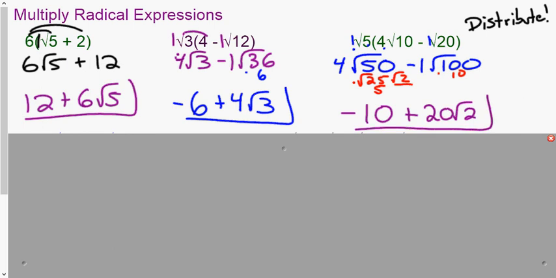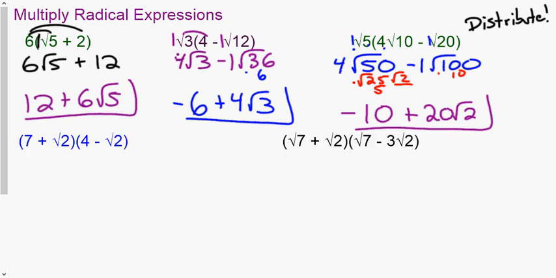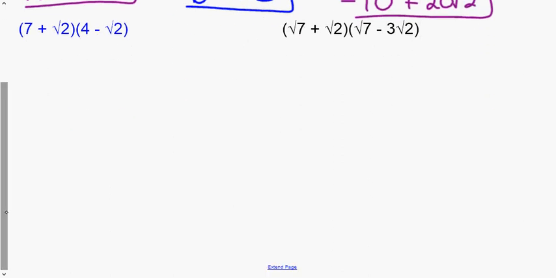All right, you're not going to see too many with having outside and inside numbers, but it is possible. When you have two binomials, this is like what we did in chapter 6 for multiplying. This is where you can use area, split, stack, although you're going to find that stack isn't the greatest at this moment.